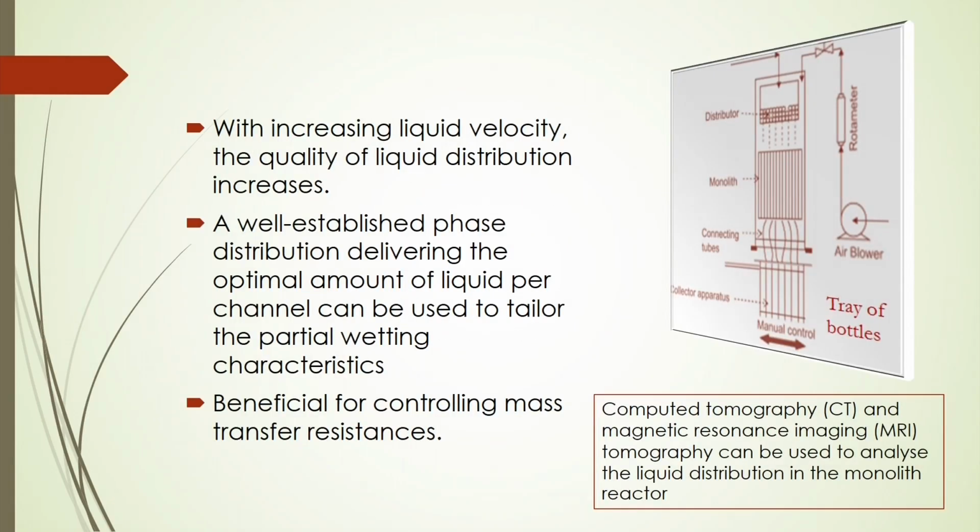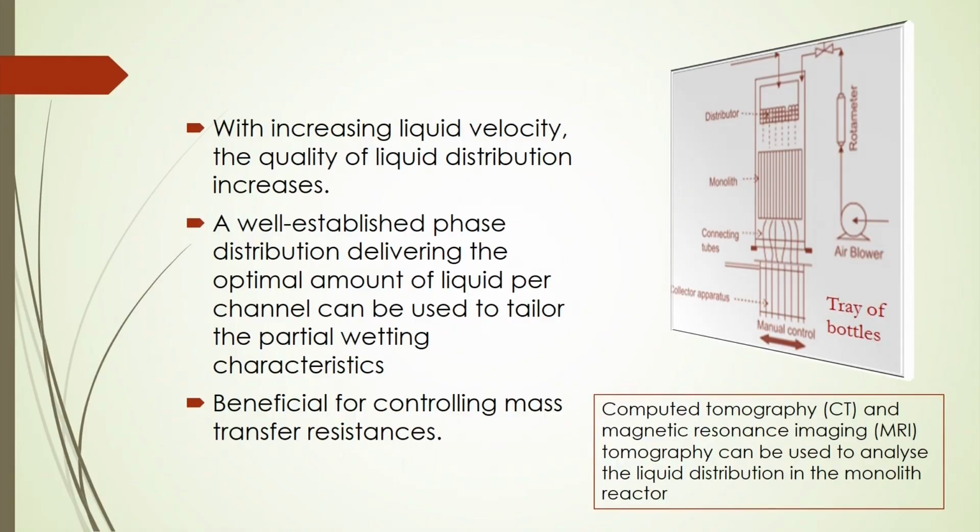Now, with increasing liquid velocity, sometimes the quality of the liquid distribution increases, but sometimes it may decrease because of the design of the channel. If you design the channel with some internals to get more mixing, that may sometimes give you a static region of liquid.